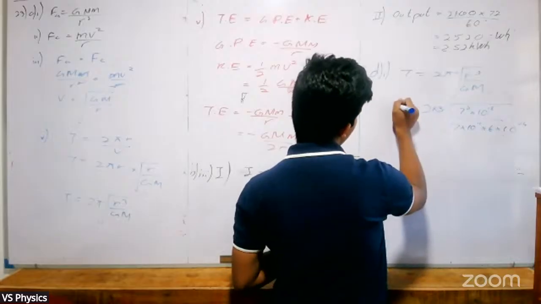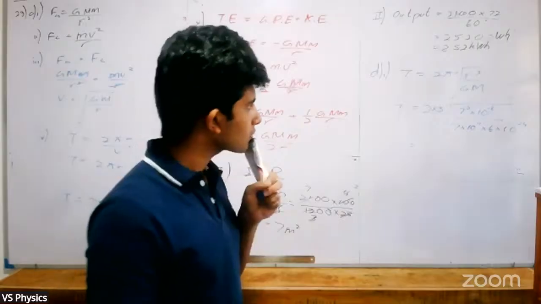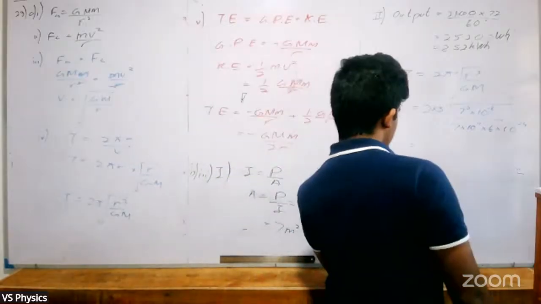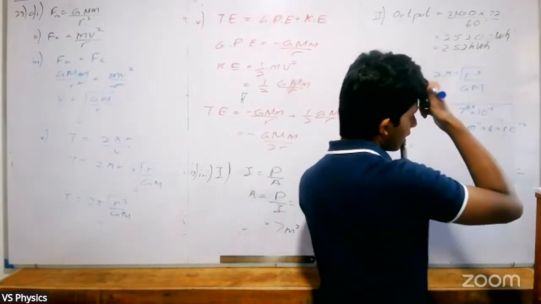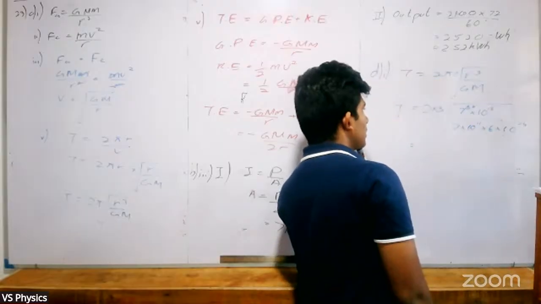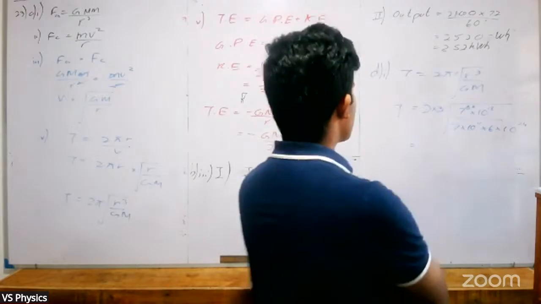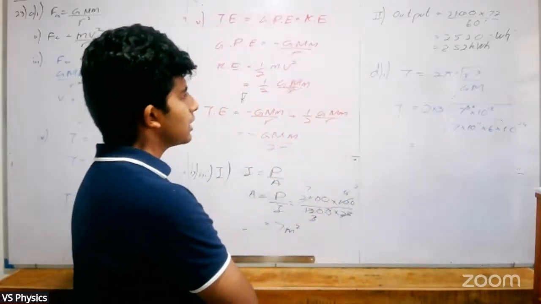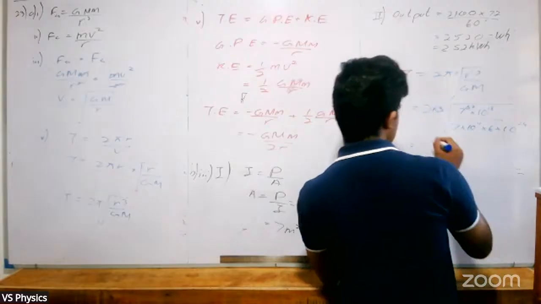This will give you a value of, we can cut these two, you'll get a square. We can take 7 out, right? We can take 7 out.